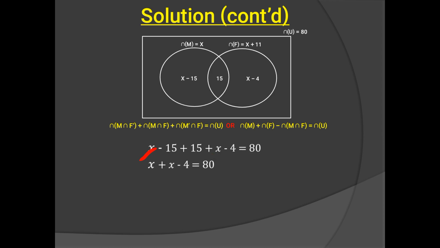All right, let's continue. So x plus x will be 2x, right? So that's going to be 2x minus 4 equals 80. Then we group like terms. So we know that 2x should be equal to 80.